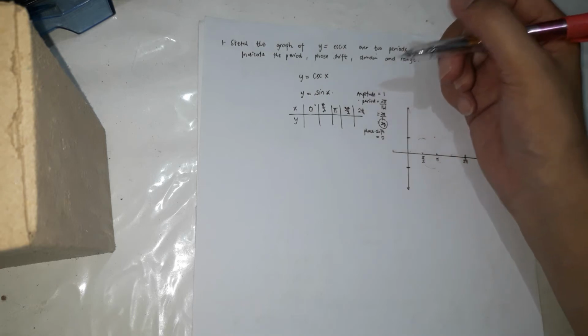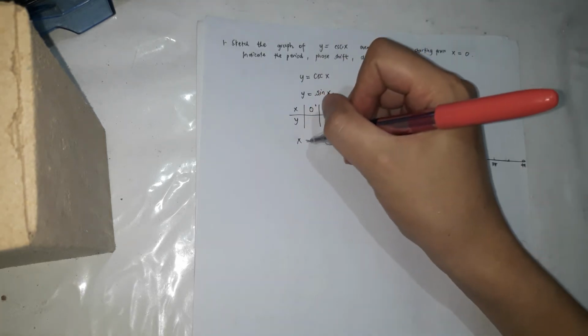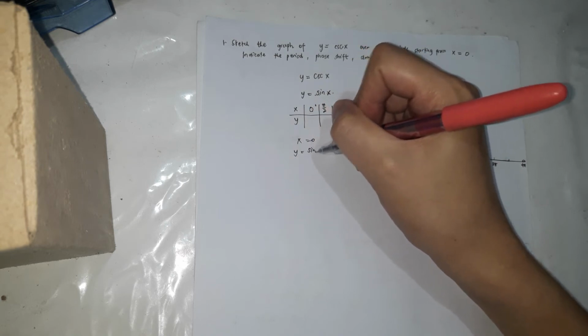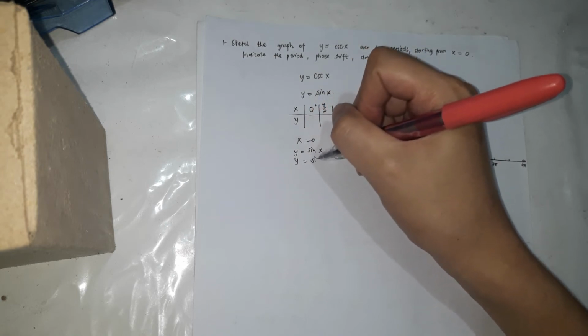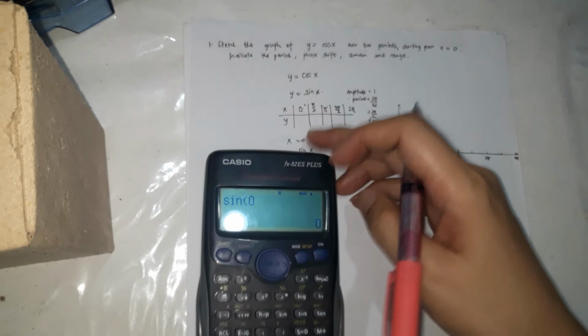So if you're going to solve that in the calculator, x is equal to 0, so y is equal to sine of x, y is equal to sine of 0. So sine of 0 is 0.